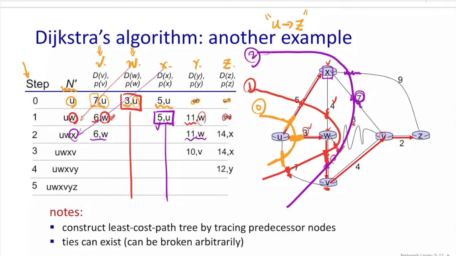But actually, Y can be reached by W using only 11 cost. So we don't have to update it, because X does not help. Okay, and last part is, can we reach Z through X? The answer is yes. So that would be 5 plus 9. That is 14.